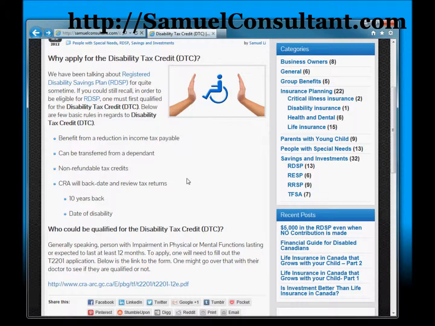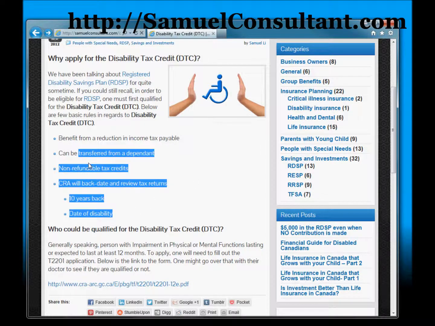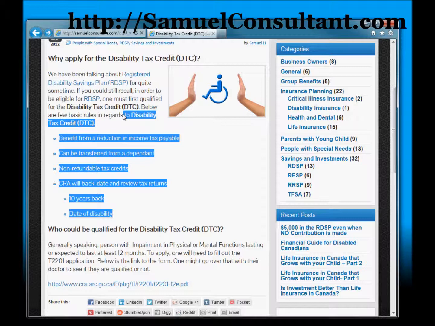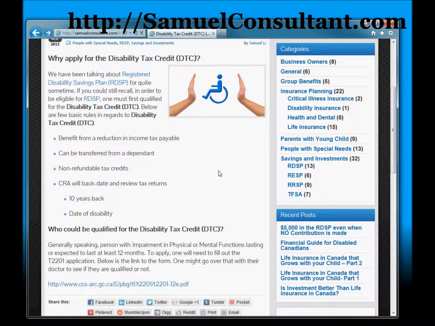Okay. And also, all this is a general guideline for you to see, but specifically you might want to check with your accountant or other tax professionals, and how it might be in your best interest to use the tax credit.